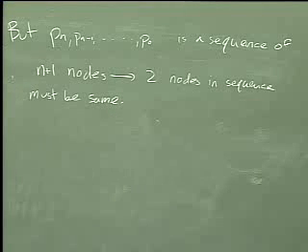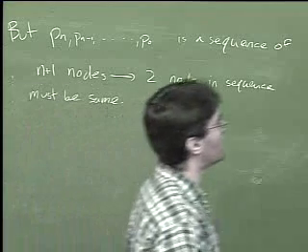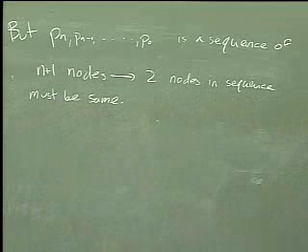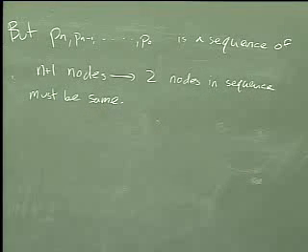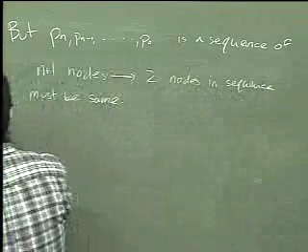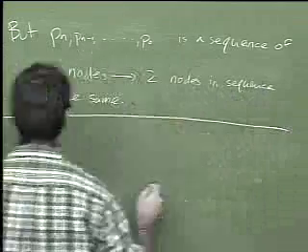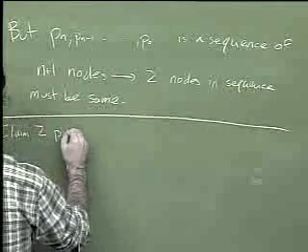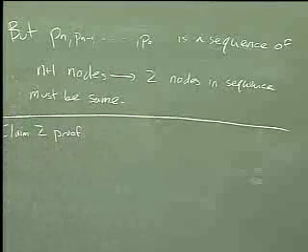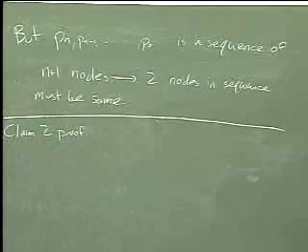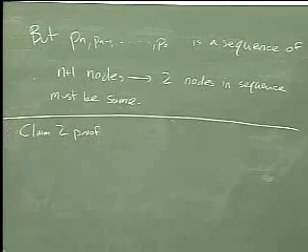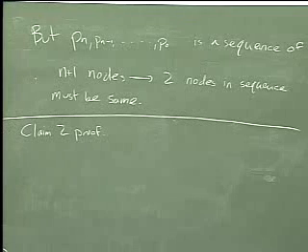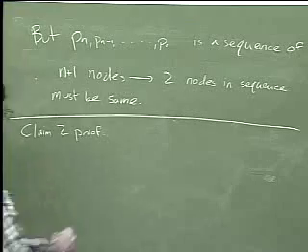Okay, and claim 2: if a leaf node and its connecting edge are removed from a tree T to produce a graph T prime, then T prime is connected. Claim 2 proof. Again, we can prove that by contradiction.